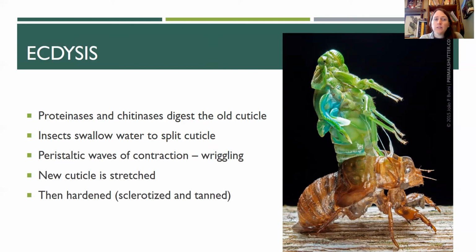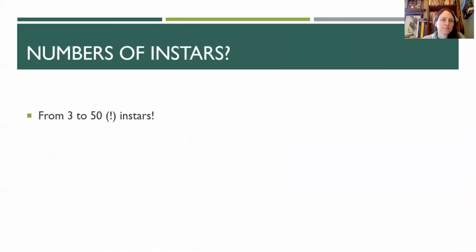And then it hardens, it becomes sclerotized or tanned, it turns dark brown. So here you can see a cicada crawling out of its old shell, and it's this lovely green color. The old shell is this brown color, the hardened tanned color, and eventually the cicada will harden and tan to that brownish color, but when it first emerges, it's this beautiful green.